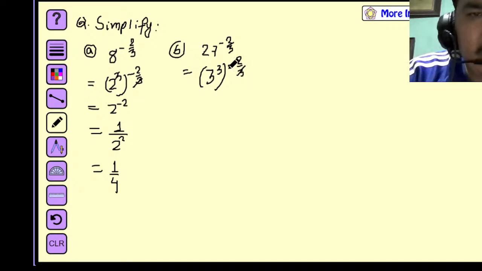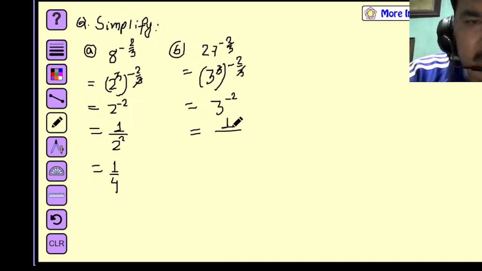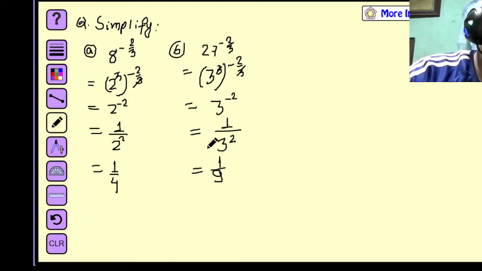This 3 and this 3 cancel because they multiply. And here remains 3 to the power minus 2, and we can take it down. If we take it down, 1 remains, and down it will be 3 to the power 2. Then the answer will be 1 by 9. Like this we have to simplify.